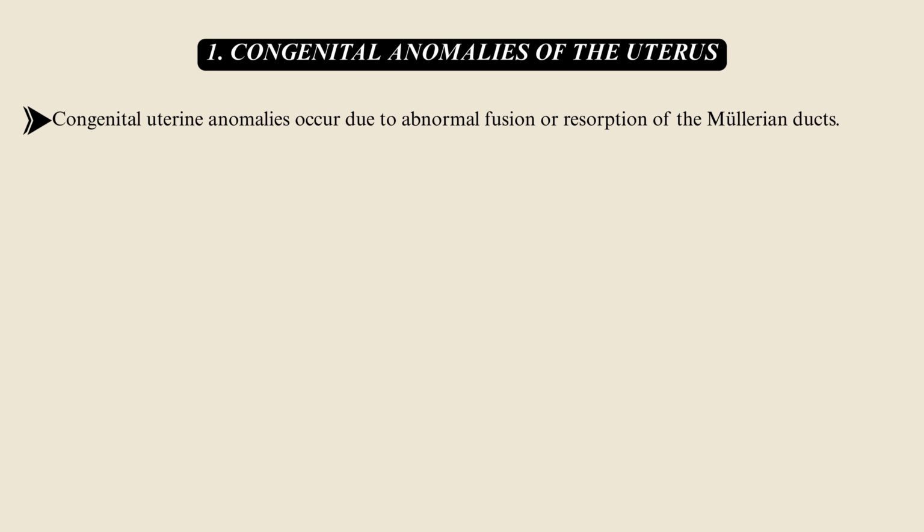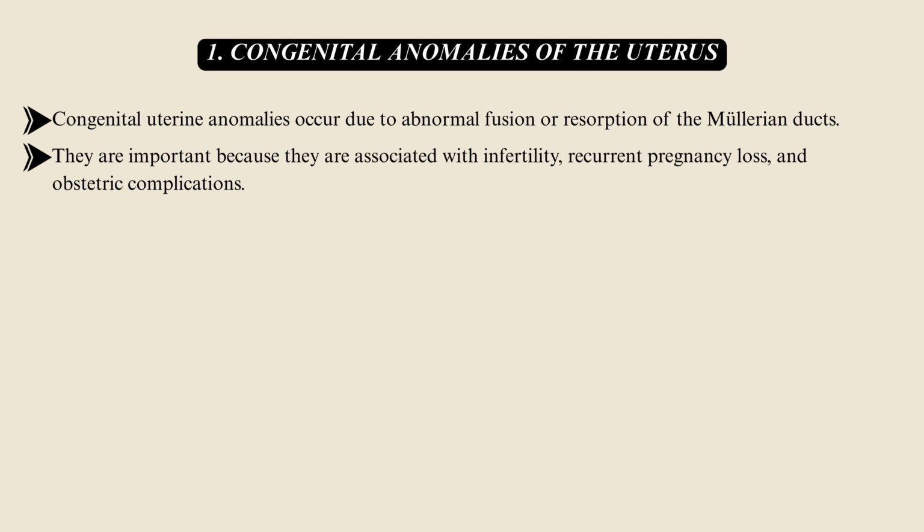Congenital anomalies of the uterus. Congenital uterine anomalies occur due to abnormal fusion or resorption of Mullerian ducts. They are important because they are associated with infertility, recurrent pregnancy loss, and obstetric complications.